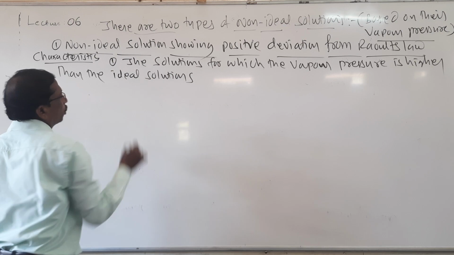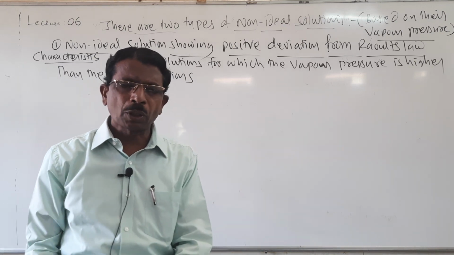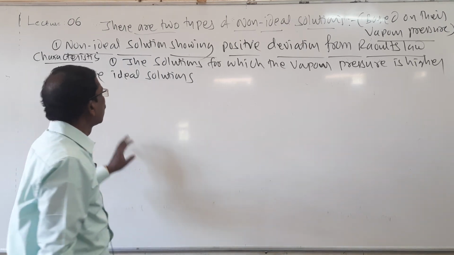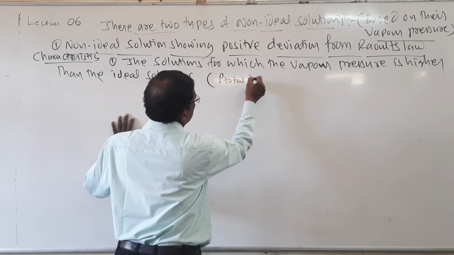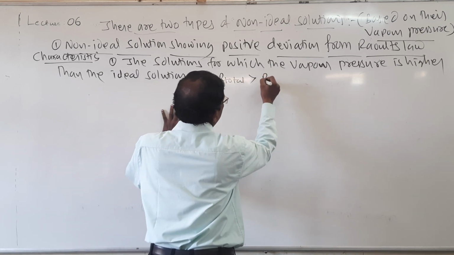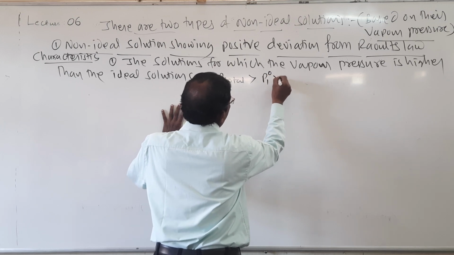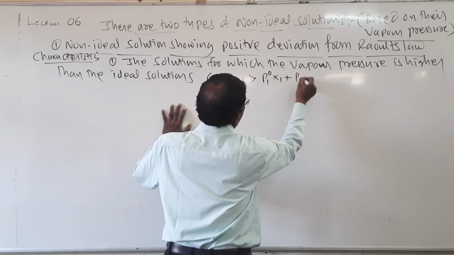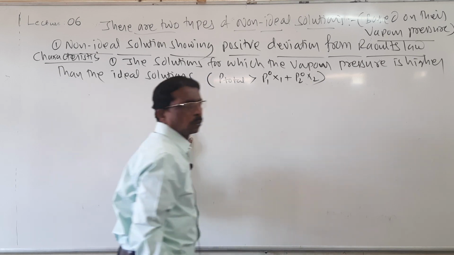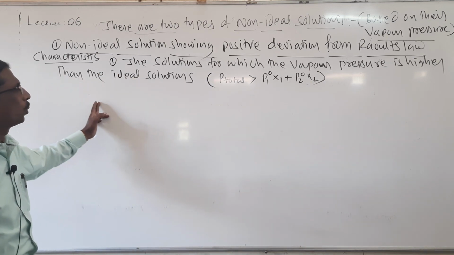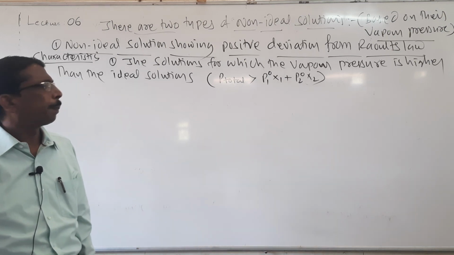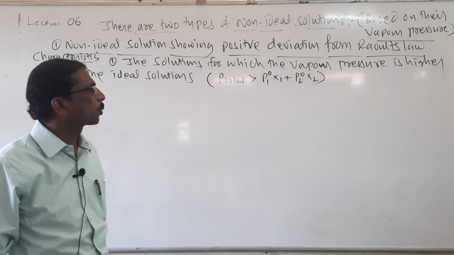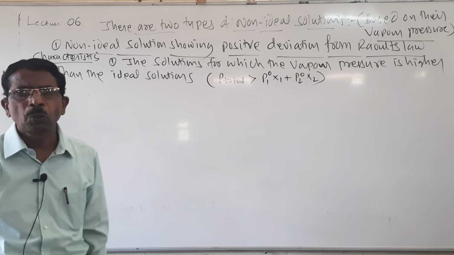It may also be represented symbolically like this: P total is greater than P1 naught x1 plus P2 naught x2. So here the solutions for which the vapor pressure is higher than that of the ideal solution have P total greater than P1 naught x1 plus P2 naught x2.